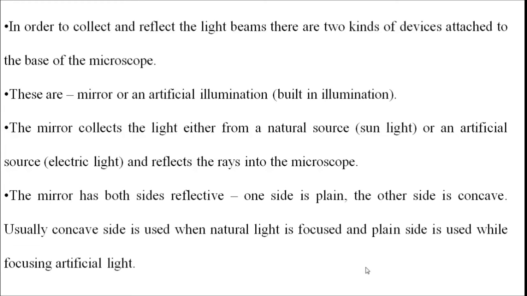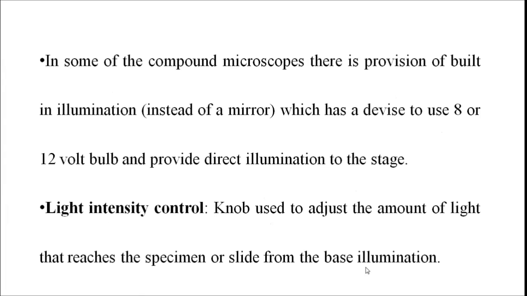The mirror has both sides reflective, that is, one side is plane and the other is concave. Generally the concave side is used when natural light is focused and the plane side is used while focusing artificial light.